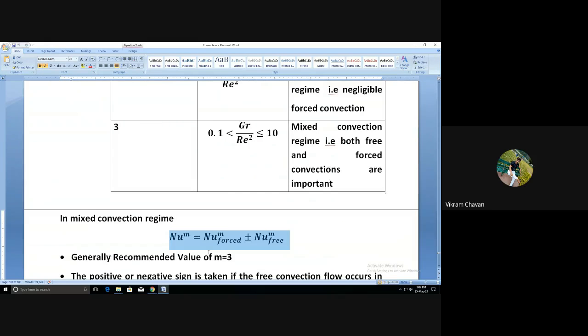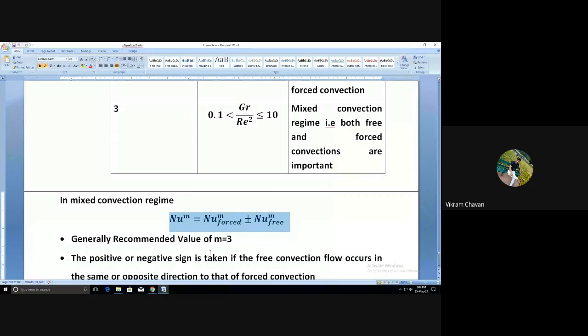Most of the time this value of m is 3, and if it is not provided in the problem, you can assume that m is equal to 3. If it is provided in the problem statement, then we have to consider that particular value.